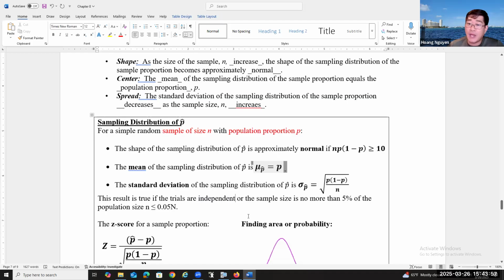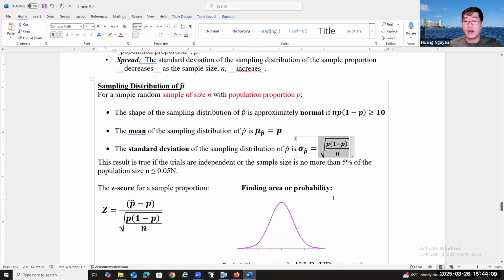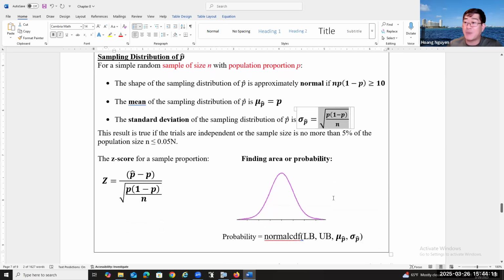So after we know that the sampling distribution of the sample proportion is approximately normal with the mean of p and the standard deviation of the square root of p times 1 minus p over n, then we can use the normal distribution that we learned from chapter 7, right? So we can use the ideas of the normal distribution to calculate the probability.